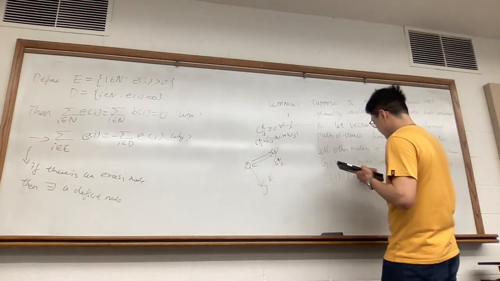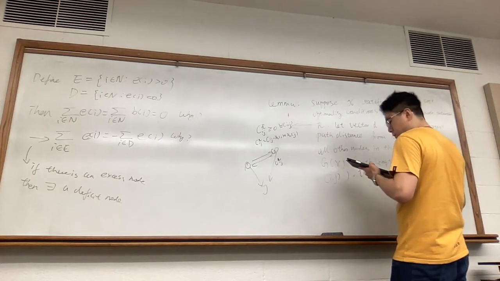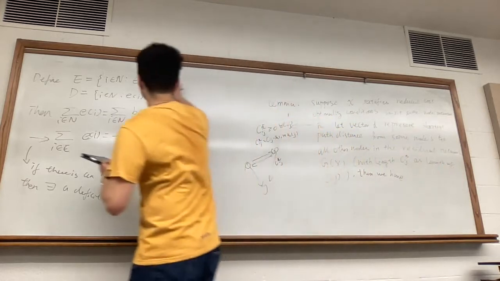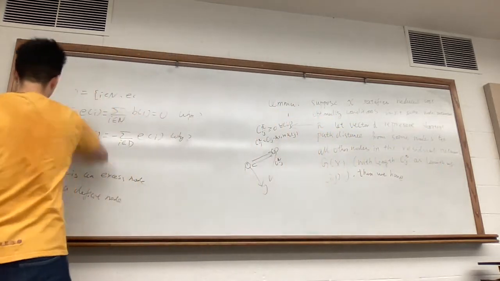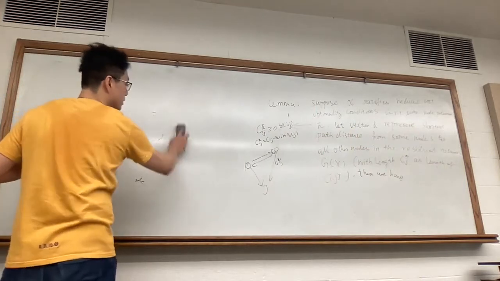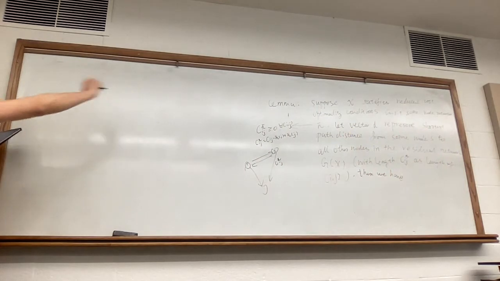And then we have the following properties. I'm sorry, I need to use this part of the whiteboard because this whiteboard is kind of small. So remember the conditions there.